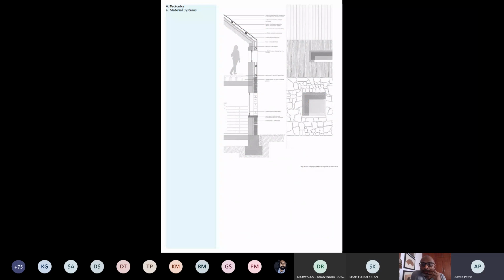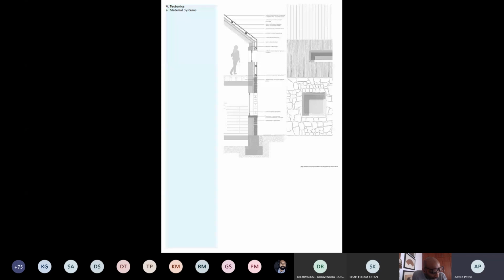And in the last part, we talk about the material system. Material system is shown through these kinds of enlarged sections, where we talk about the external appearances, or any important materials which are used in the building.